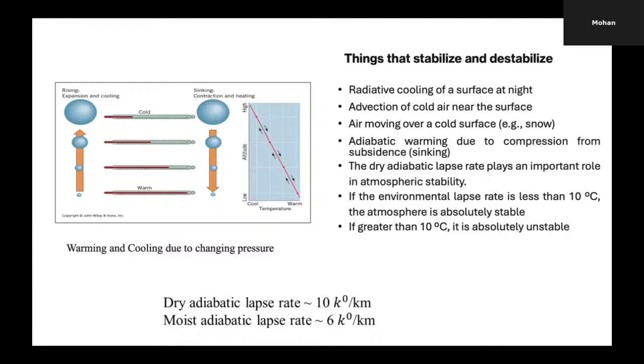Otherwise, in the majority of places, radiative cooling is the one that happens. I cannot quantify it, but I can say vaguely that radiative cooling of the surface at night would be the major stabilization condition. Among all four, the top one is the major in terms of numbers. Radiative cooling could be the majority.